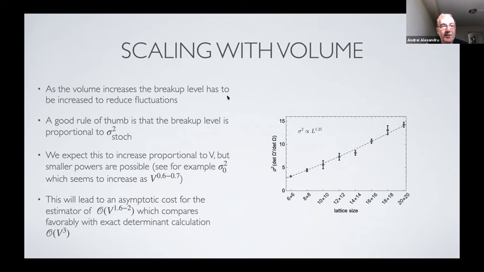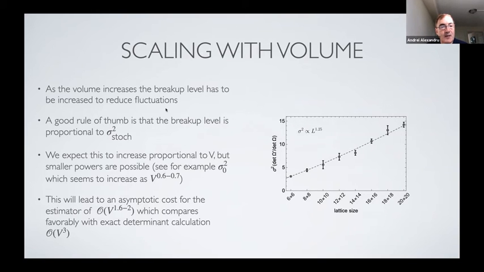What's interesting is what happens if you increase the volume. I didn't have direct access to the data to redo the whole study at different volumes, but I did have access to the variance of the intrinsic part of the estimator.